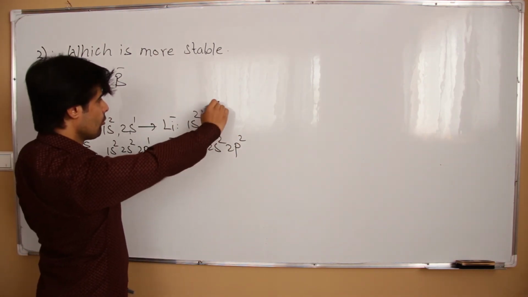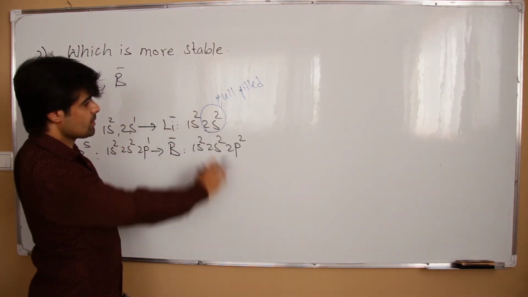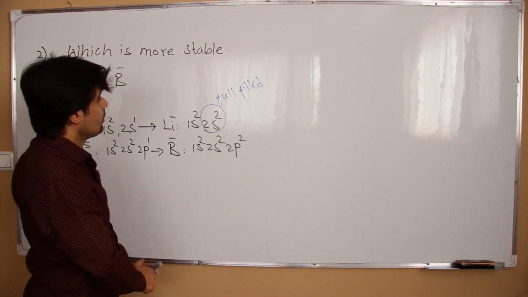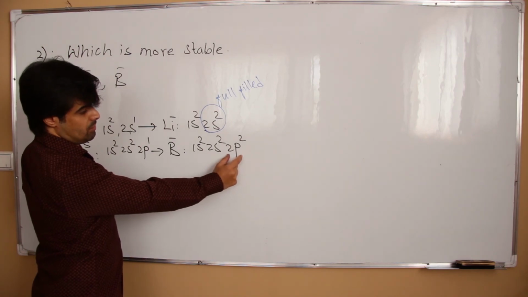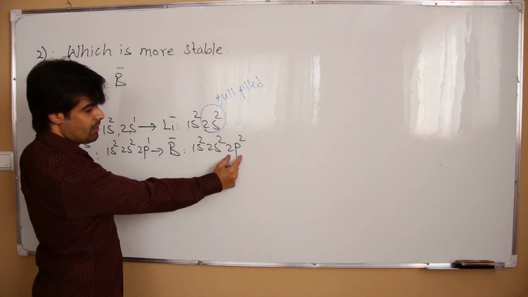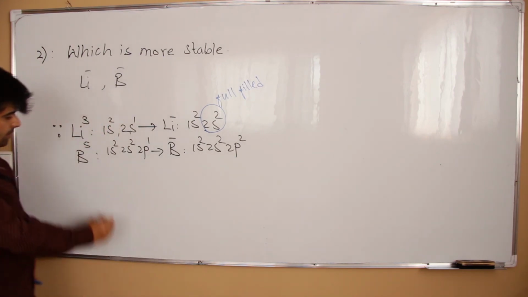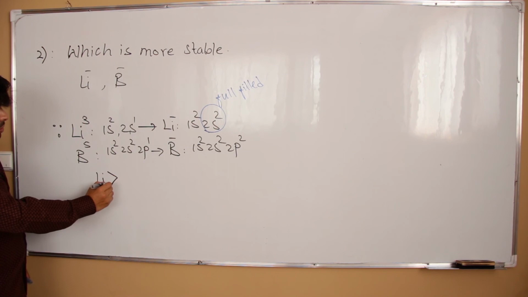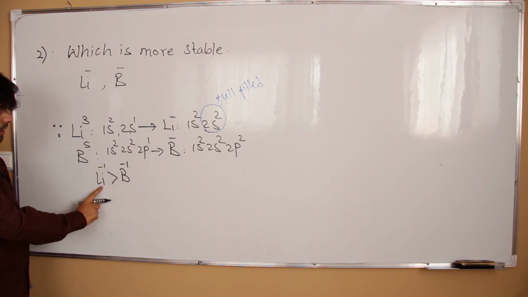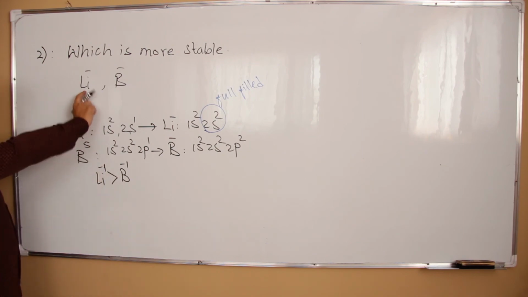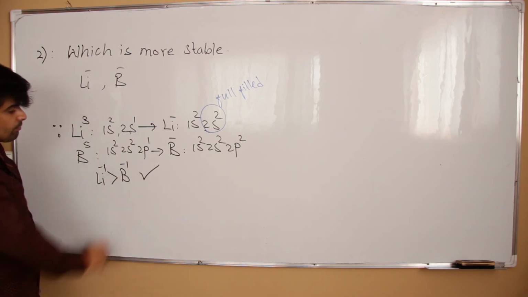Lithium minus is fulfilled, so it would be more stable than boron minus, because boron minus is neither half filled nor full filled. So we can say lithium minus is more stable than boron minus.